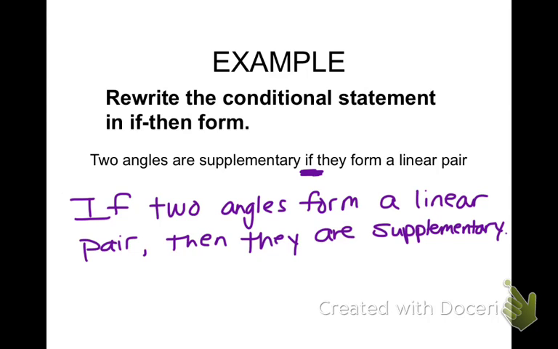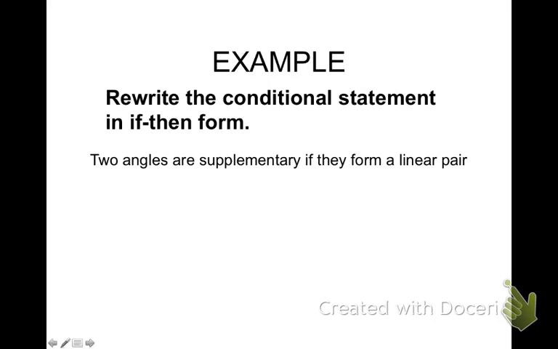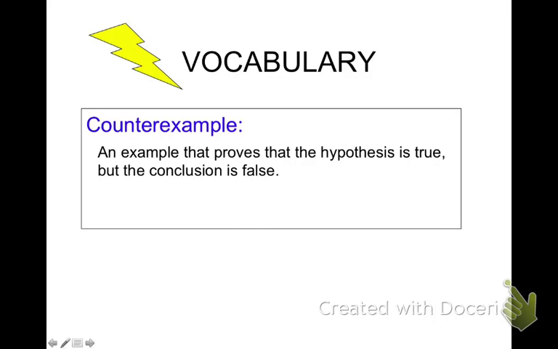If the statement was an obtuse angle measures between 90 degrees and 180 degrees, I would say if an angle is an obtuse angle, then it measures between 90 degrees and 180. Okay? All right.